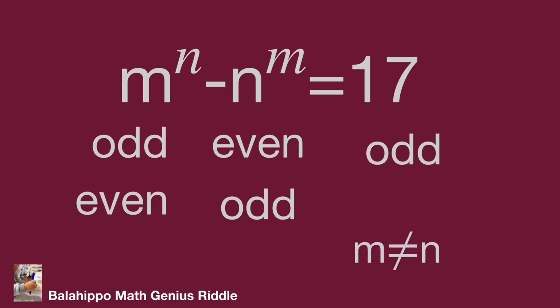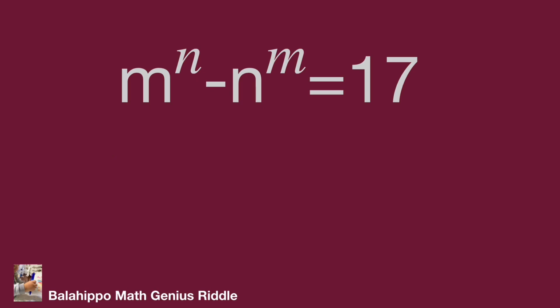Next, to verify larger values of m and n. We know that while increasing the powers, the value will become very large. So let's check if m and n are both larger than or equal to 5.